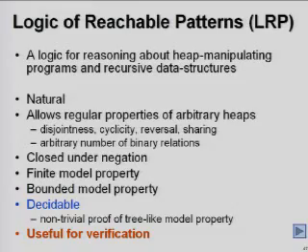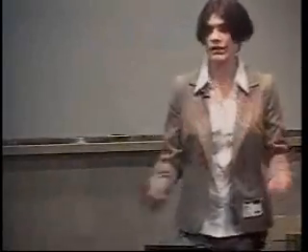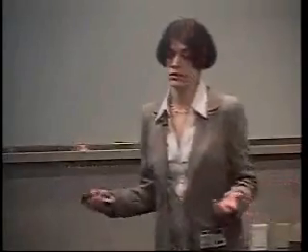So in this work that I wanted to talk about, and I don't have time, we developed a logic which is called the logic of reachable patterns. It's very natural, I think, to describe various properties about recursive data structures. It allows us talking about many of the things we want to talk about, and it doesn't limit, for example, the number of binary relations and so on.